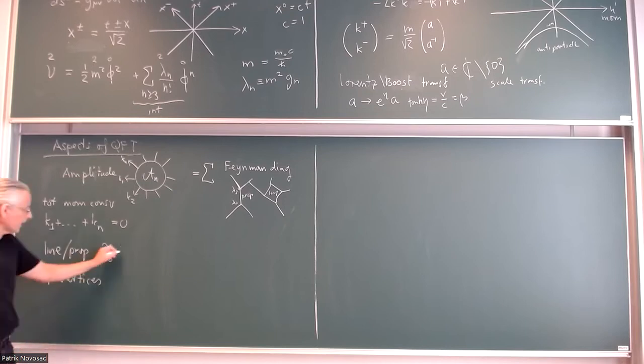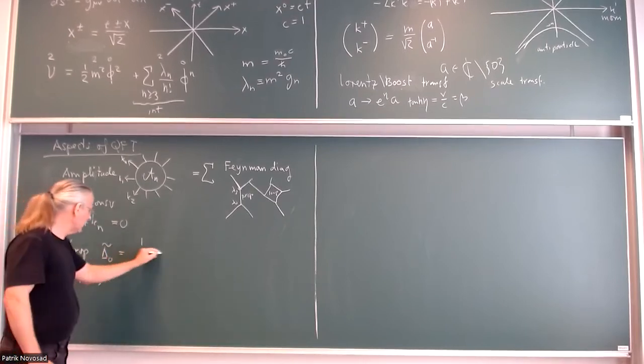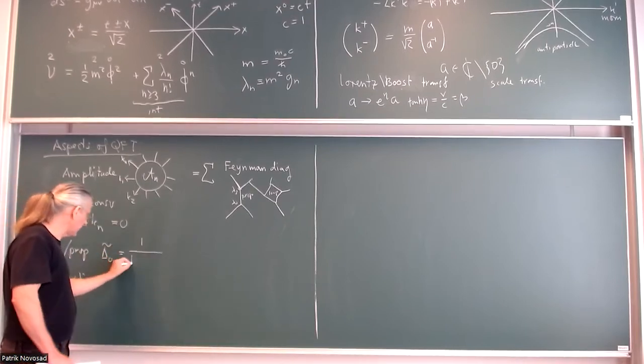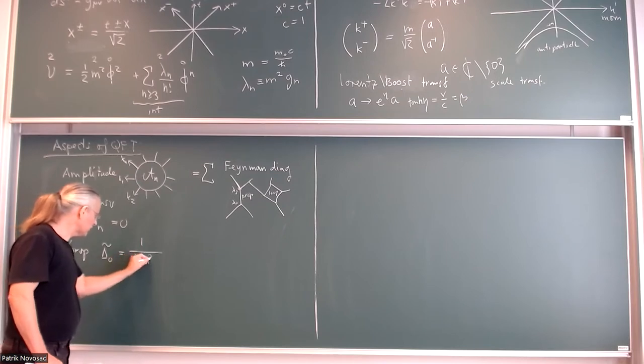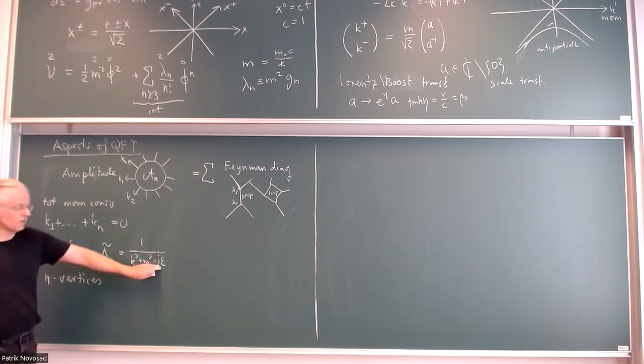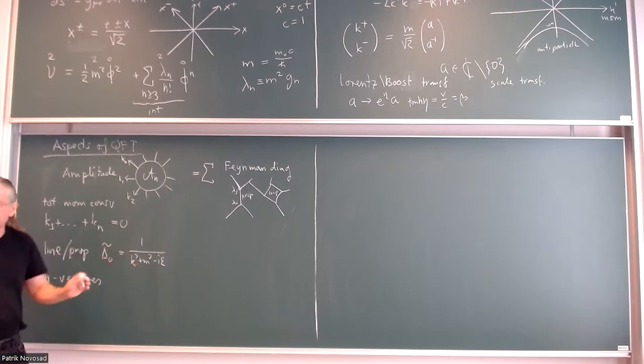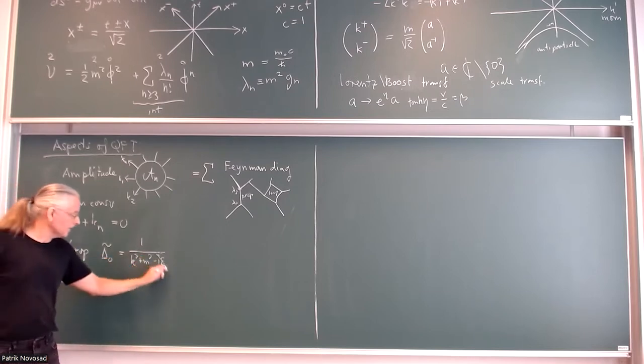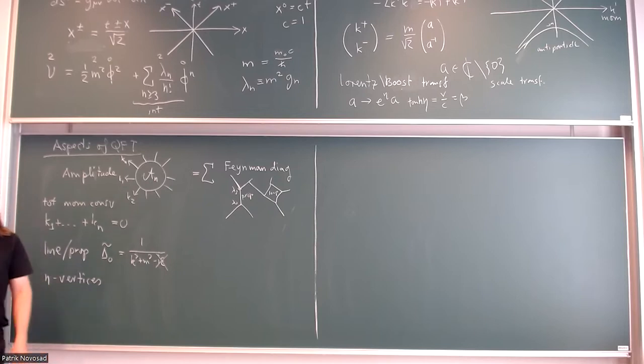So there will be a propagator, and it's given by this expression, k squared plus n squared minus some i epsilon here. There will be some rule here where this is a regularization, and I will not really talk about that for now. For now, let's just take this.